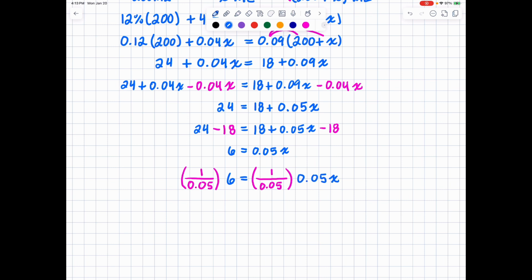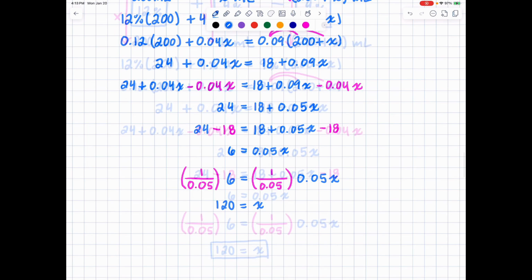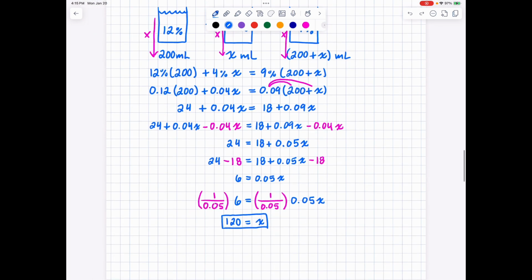Okay. So on that right-hand side, you're just left with x. And when you take 6 and you multiply it by 1 over 0.05, you end up with 120. So now we are left with 120 equals x.